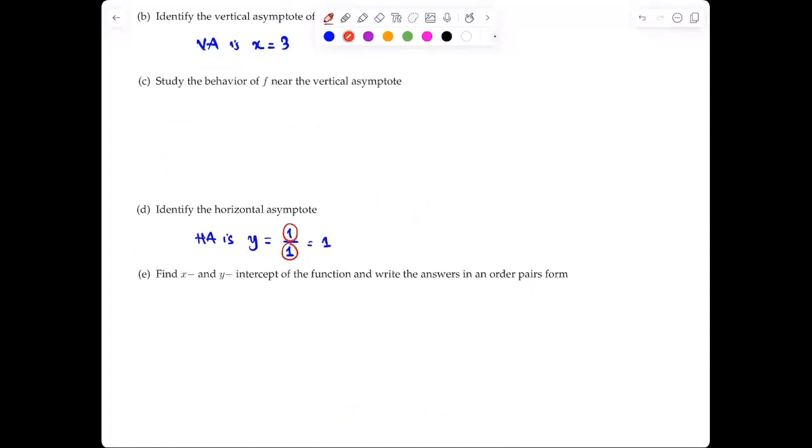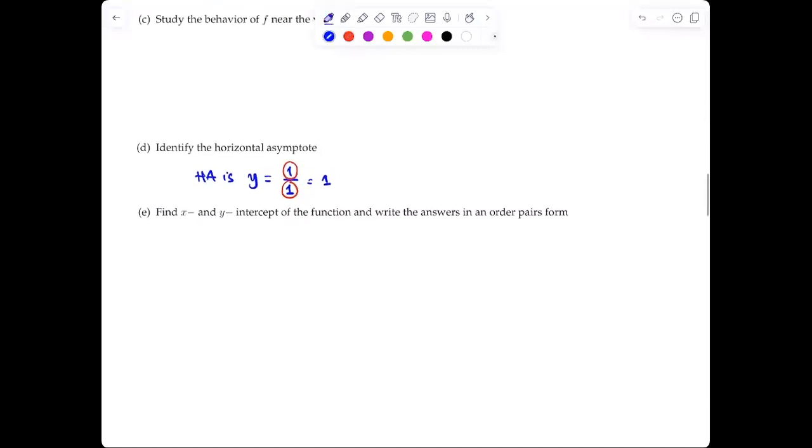So now E, finding x and y intercepts. Let me do x-intercept first. So for x-intercept, you set y equal to 0. That is, you set the function x plus 2 over x minus 3 equal to 0. So this is the tricky part that I mentioned a little bit earlier, that when you set the rational function equal to 0 and you solve for x, you just need to set the numerator equal to 0.